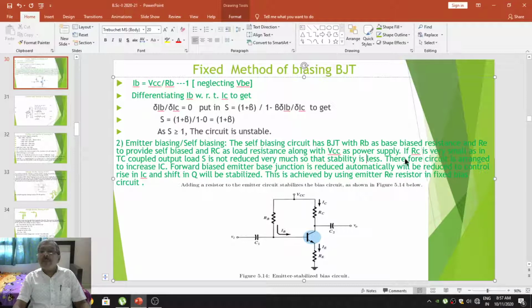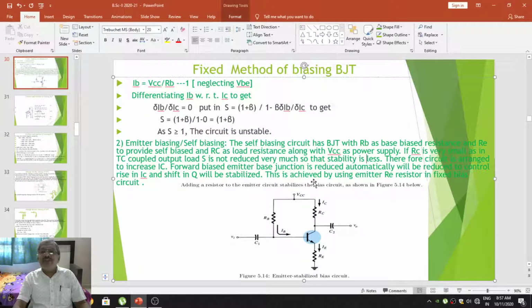Therefore, the circuit is arranged to control the rise in IC. The forward bias of the emitter base junction is reduced automatically, and it will be reduced to control the rising collector current IC. When the rising IC is controlled, naturally the shift of operating point Q will be stabilized.